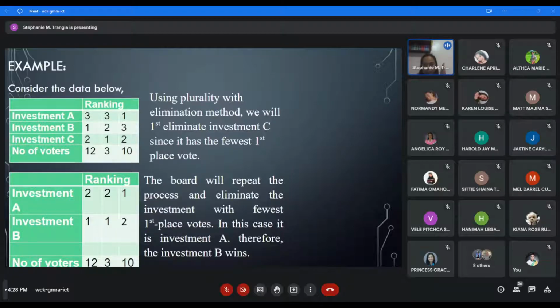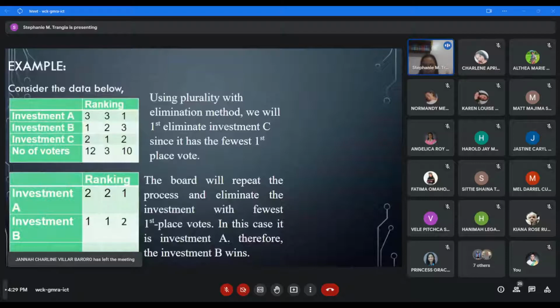The second column, second rank versus third rank. So, second rank si B, third rank si A. So this time, B still gets the first rank, investment A gets the second rank. On the last column, investment A gets the first rank, investment B gets the third rank. So since A wins, A gets the first rank, B gets the second rank.